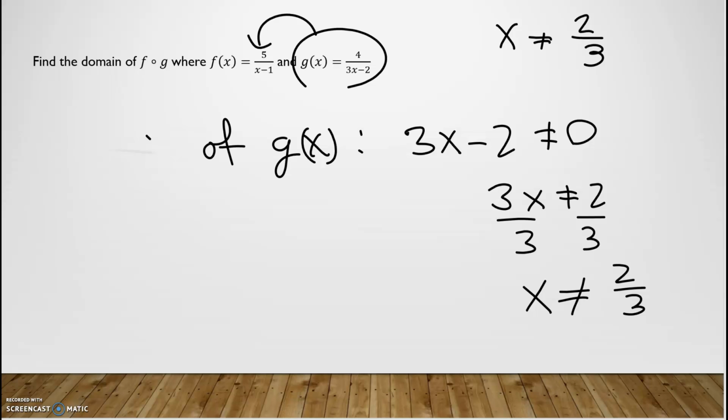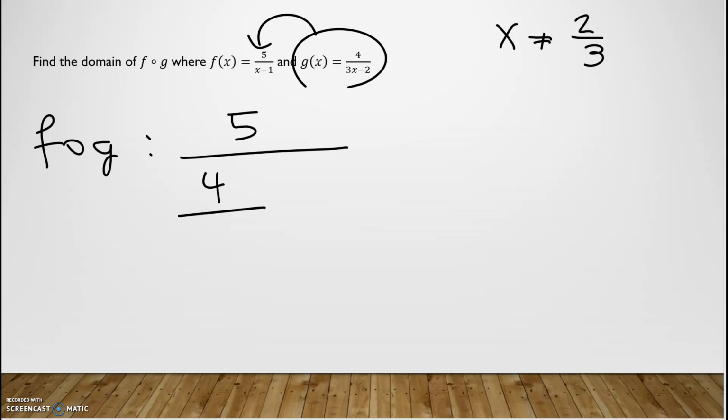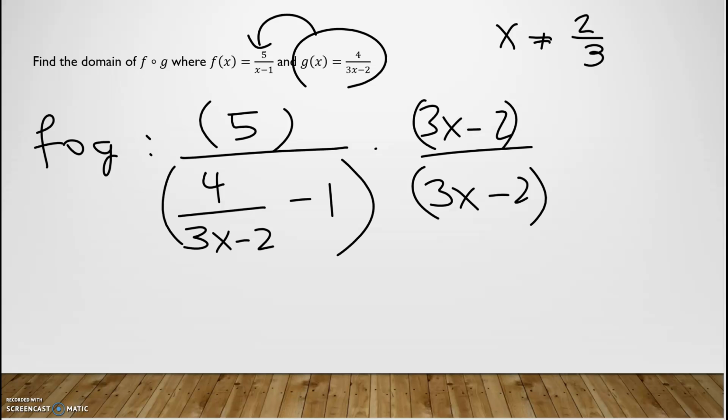Now what we're going to do is find the composition of f of g. So it's going to be 5 divided by not x minus 1, but 4 over 3x minus 2, minus 1. And to get rid of that fraction within that fraction, I'm going to multiply the top and the bottom by 3x minus 2. This is going to be multiplied by the entire top, and this will be multiplied by the entire bottom.